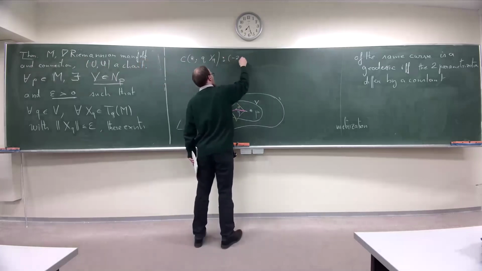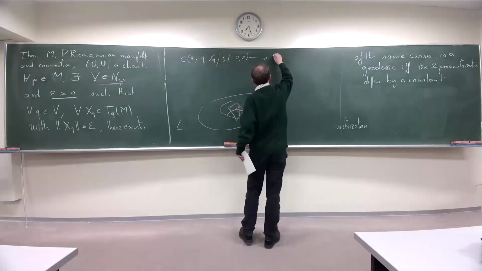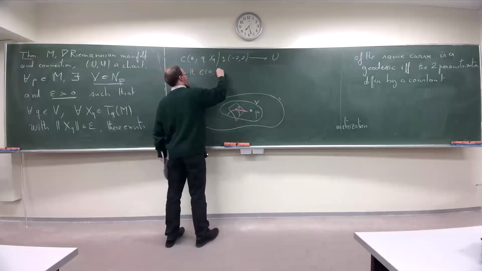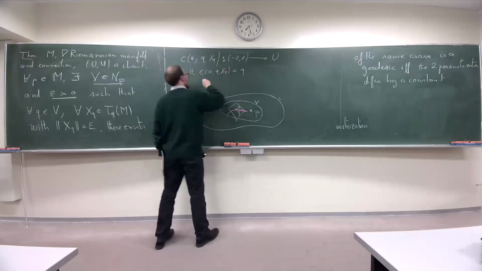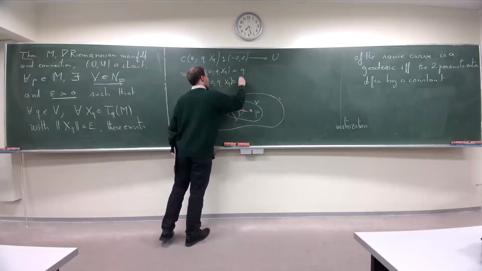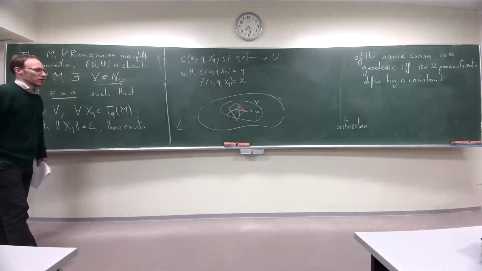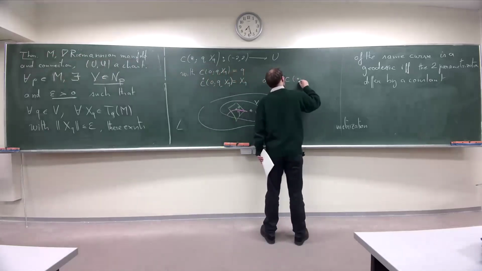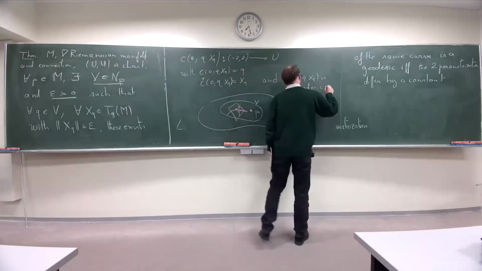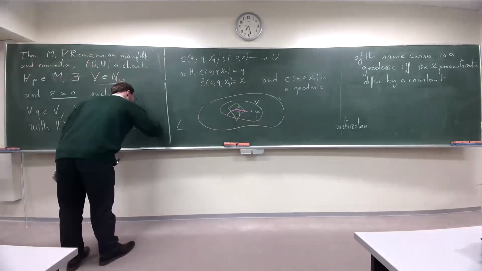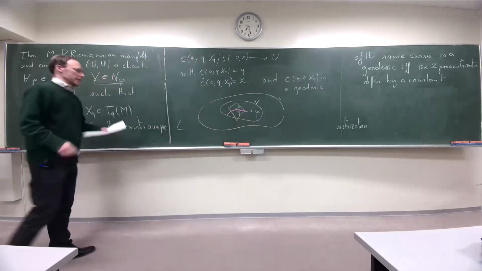So it's from the interval -2 to 2 with C(0, Q, X_Q) equal to Q, C dot of (0, Q, X_Q) equal to X_Q. It's really what I've represented here. And C(., Q, X_Q) is a geodesic. And there exists a unique C.